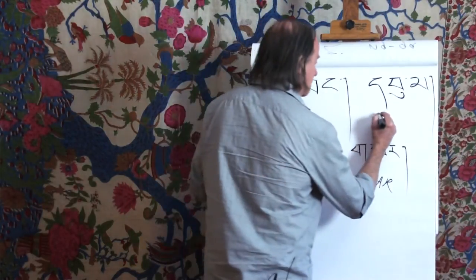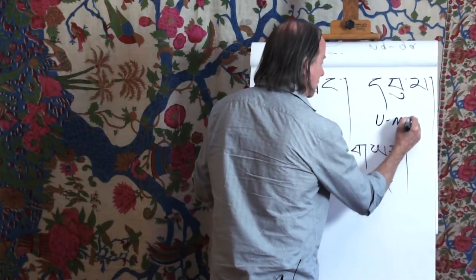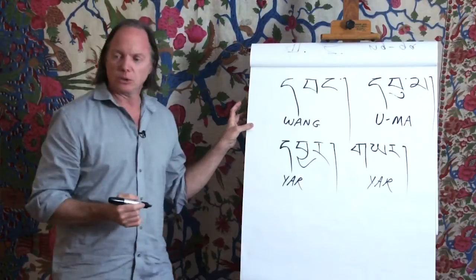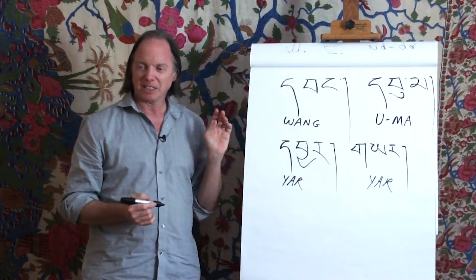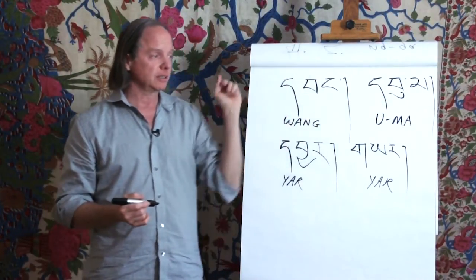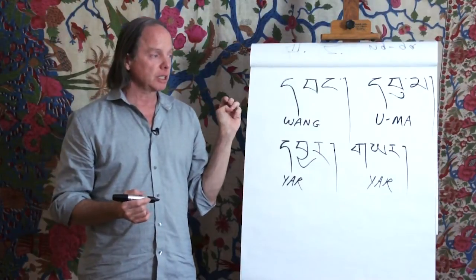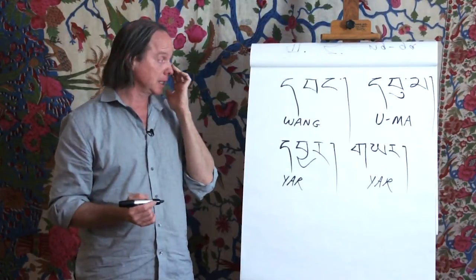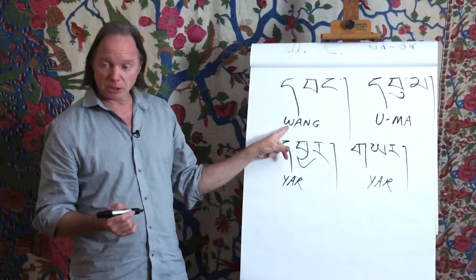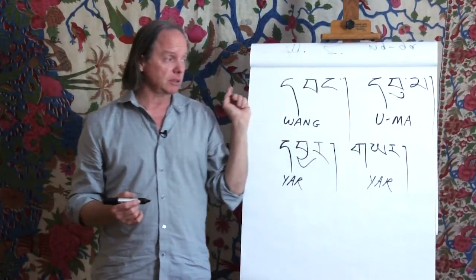So here it's not a W, it's a u, so that's tricky. This is not wuma, it's uma. What's uma? Middle way, or the central channel. So whereas the other becomes a W, this becomes just a straight U sound.